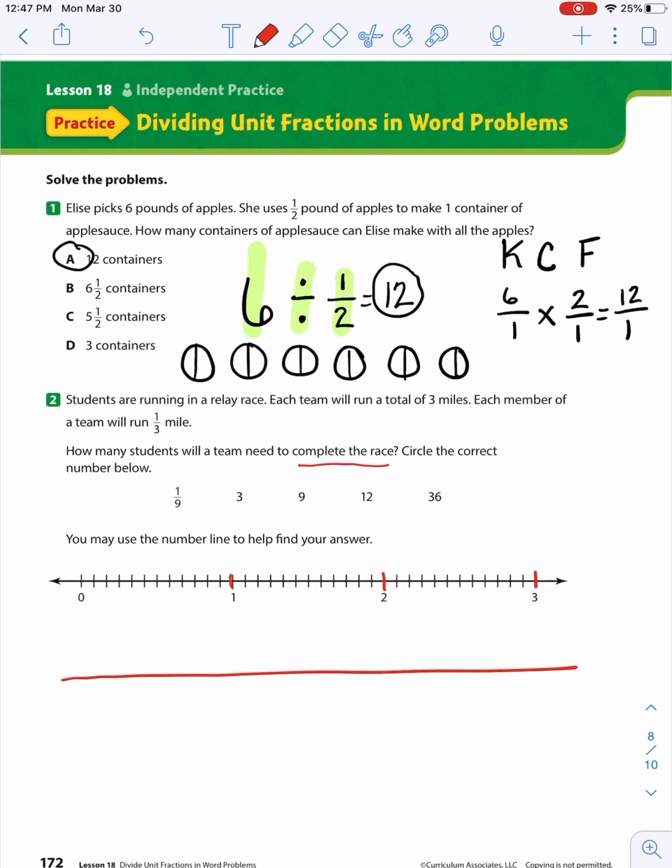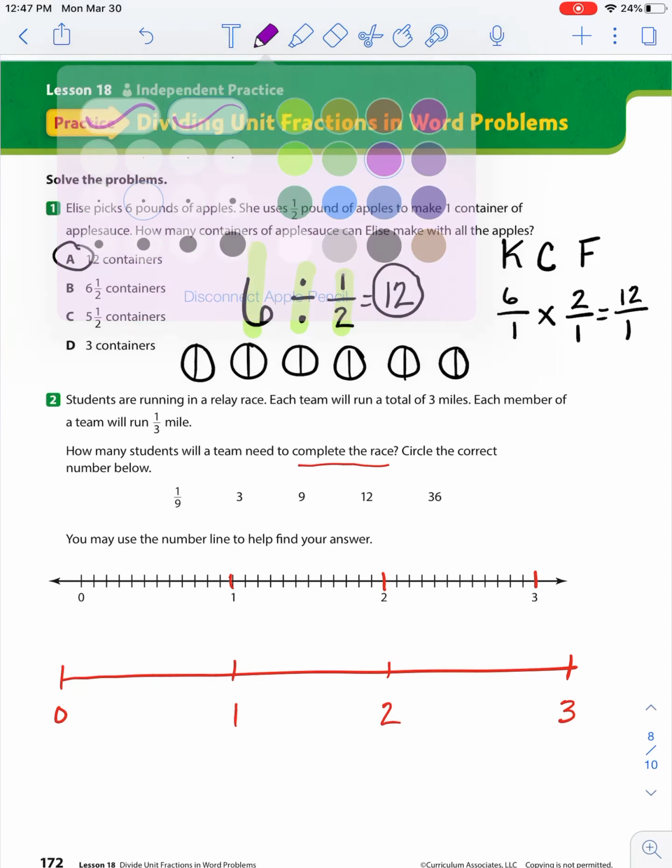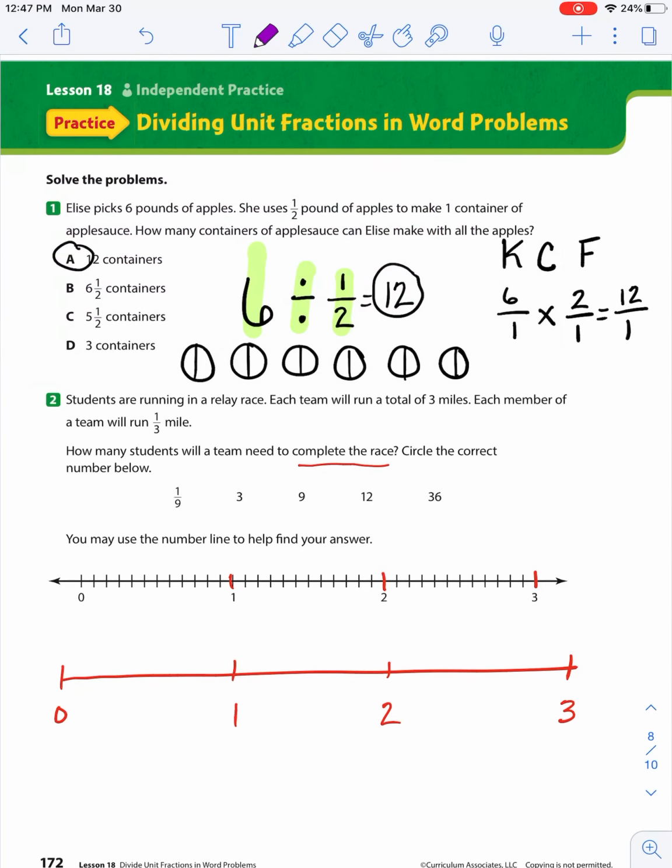Wow, interesting. So I'm just going to redo this because that kind of helps me get thinking. If one student can run 1/3 of a mile, that puts them there, right? Each member of a team will run 1/3. How many students will a team need to complete the race?